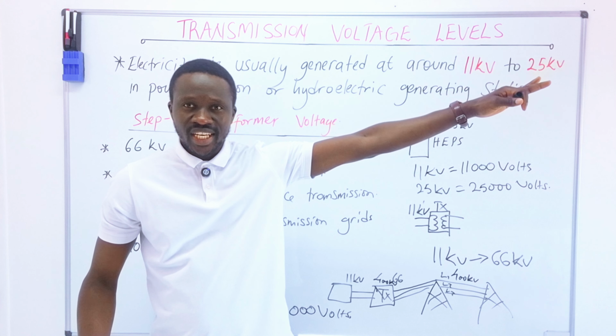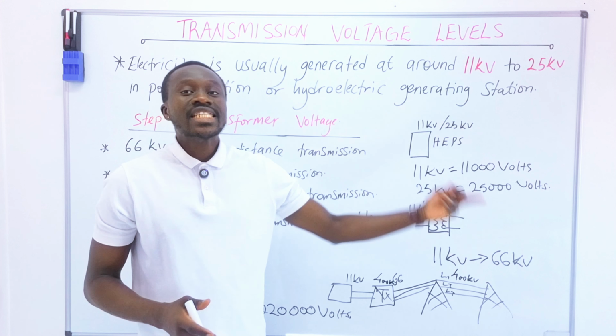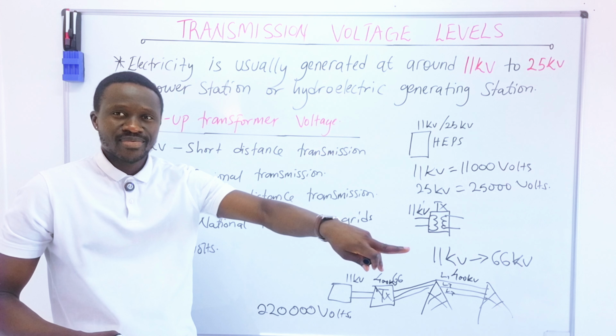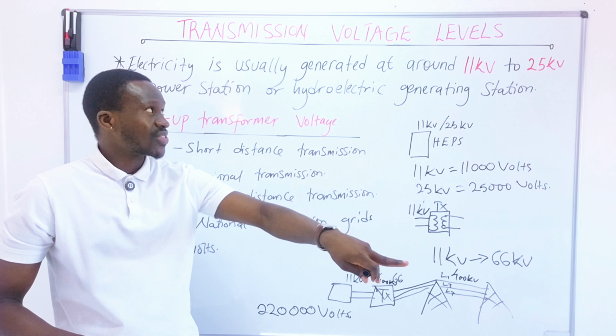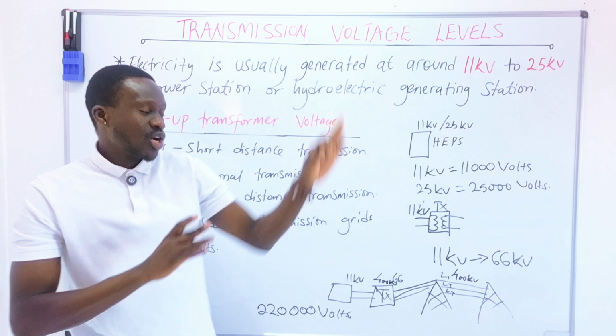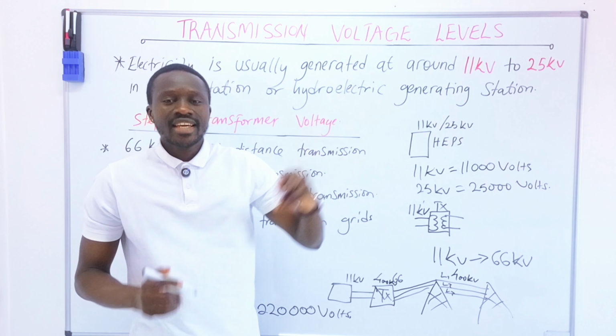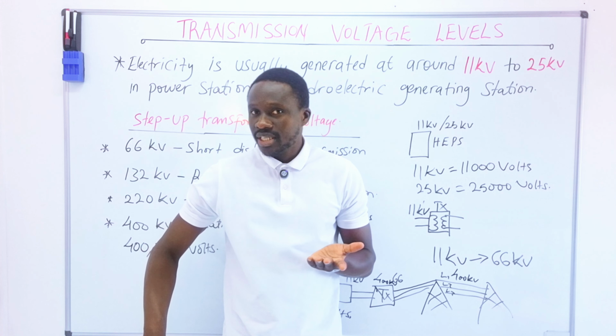Now power is going. Now another level, it's going to the substation. These are the voltage levels. After transmitting in high voltage, when the voltage is high, current will come down.